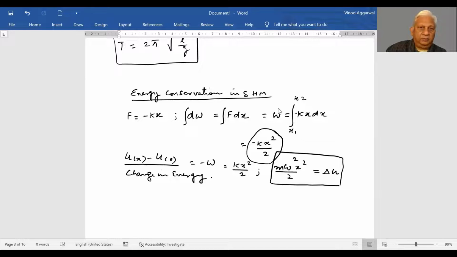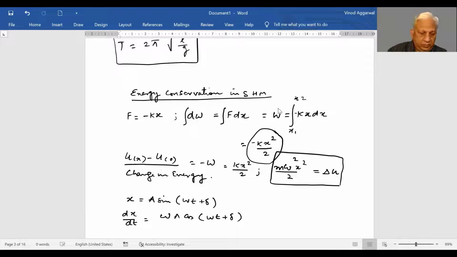Okay. Now let's calculate this energy for a sinusoidal wave. We know a sinusoidal wave is written like this. Then dx by dt, which is the velocity, is given as omega a cos of omega t plus delta, right?